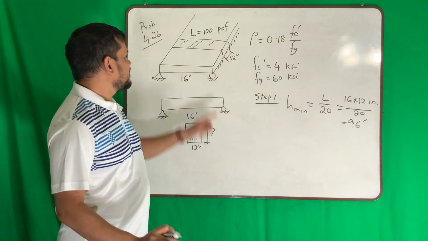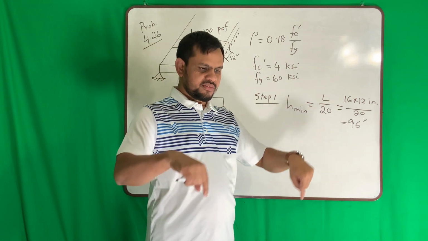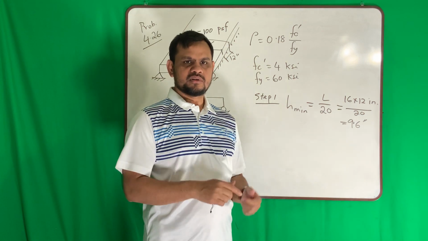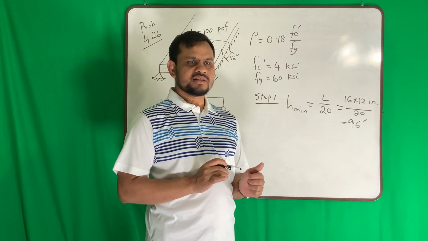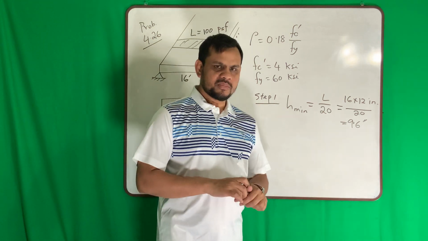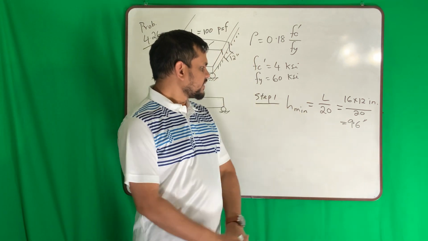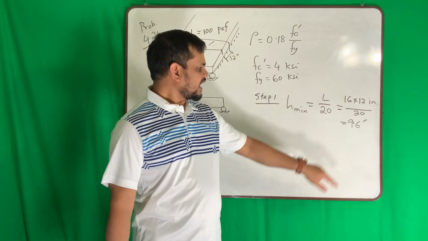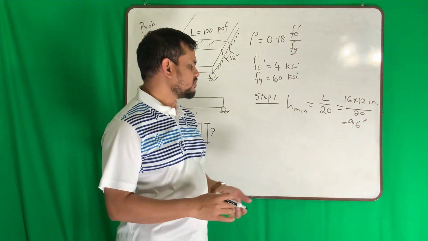For a slab with only 100 psf load. 100 psf means in 1 square feet, 100 pound. That means only one person or something like this. It is not a huge load. So this is huge. I can continue using this, but to me it is way high.